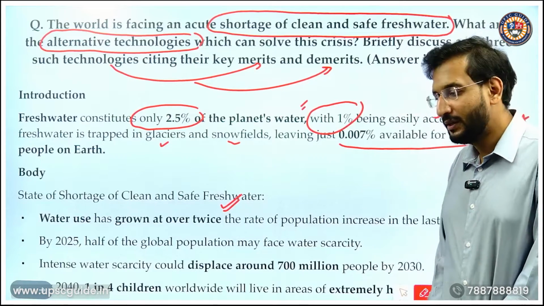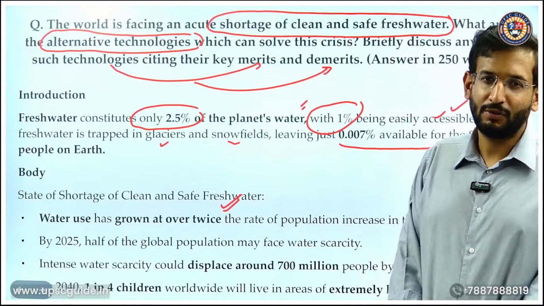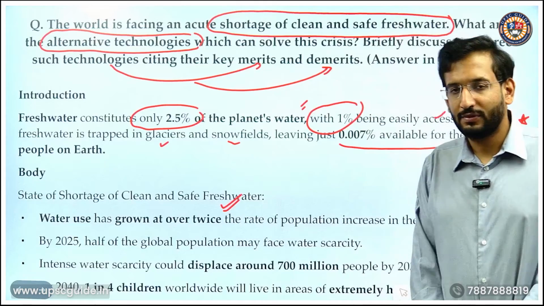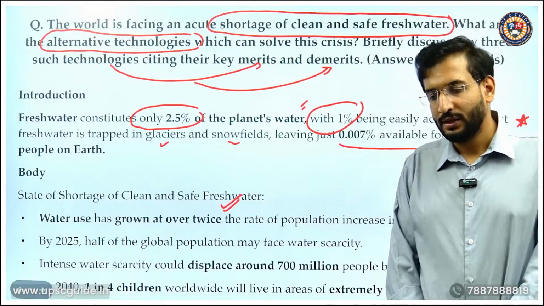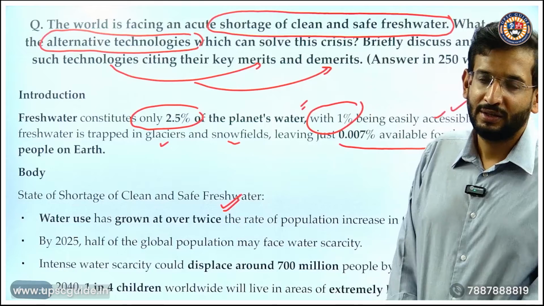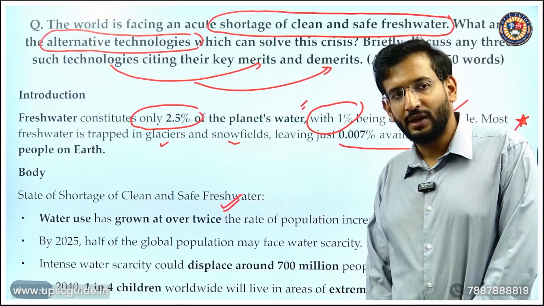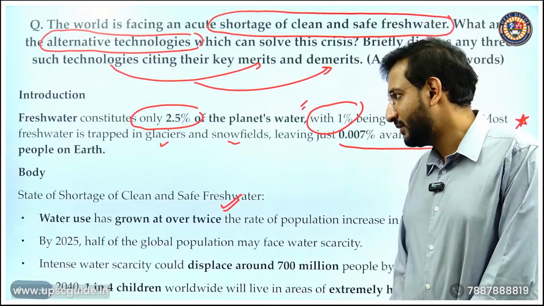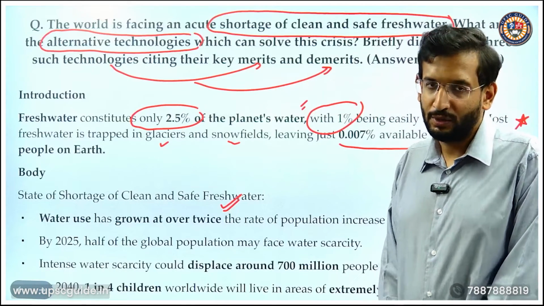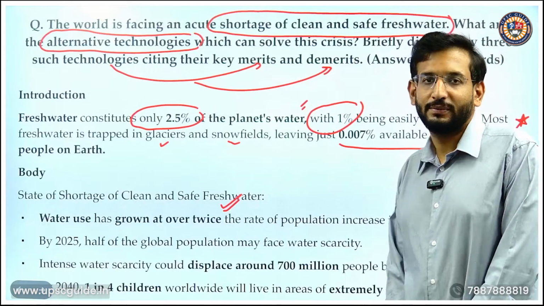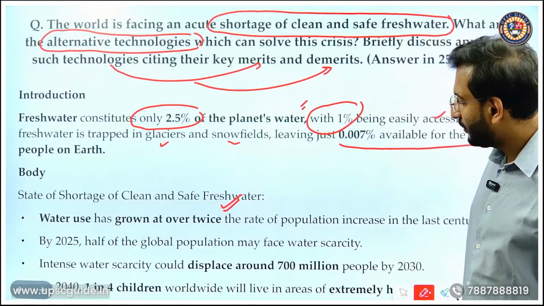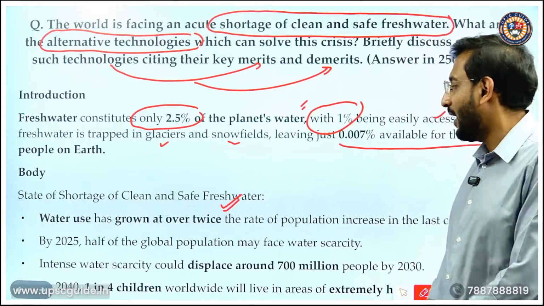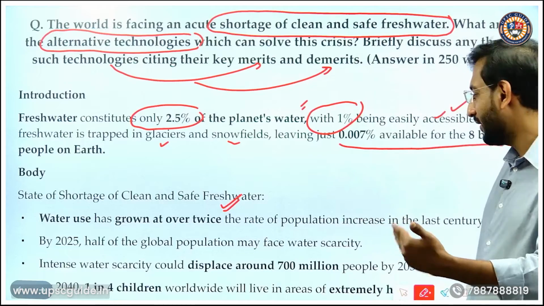With faulty cropping patterns, due to sowing of the least water-efficient crops, as well as industries exploiting water on a huge margin. Now, if you see, by 2025, half of the global population may face a water crisis.